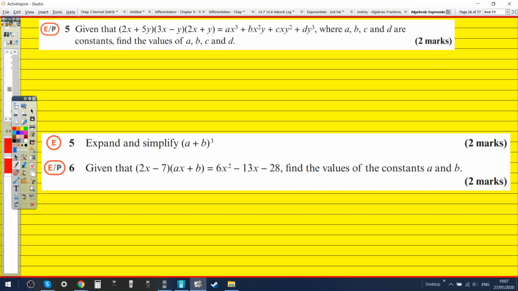So it's expanding. How could you do question 6? Could you just put it into your calculator?